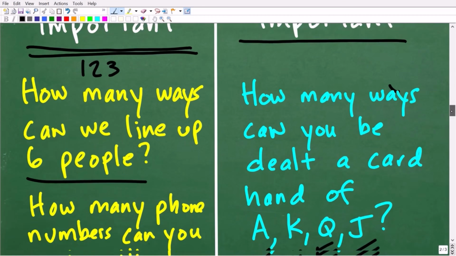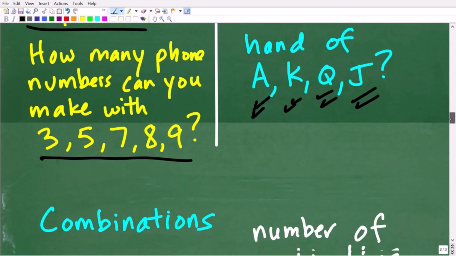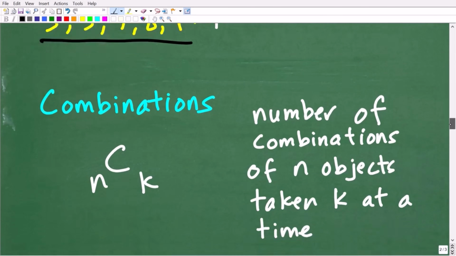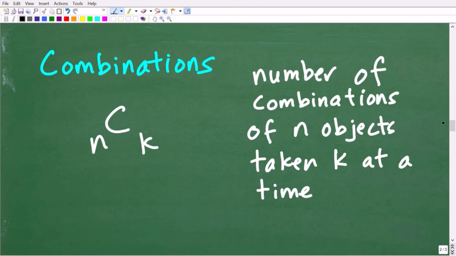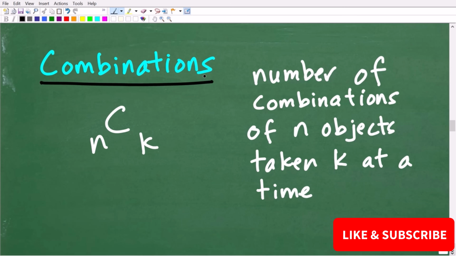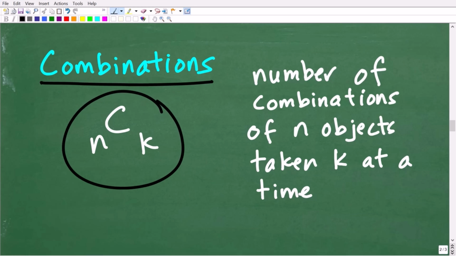So once we know that, we need to consider the formula for a combination, and here it is. This might look like sophisticated mathematics, but it's actually not that difficult. In math, when we have a combination, the notation is nCk. There are actually a few different types of notation, but it's nCk.